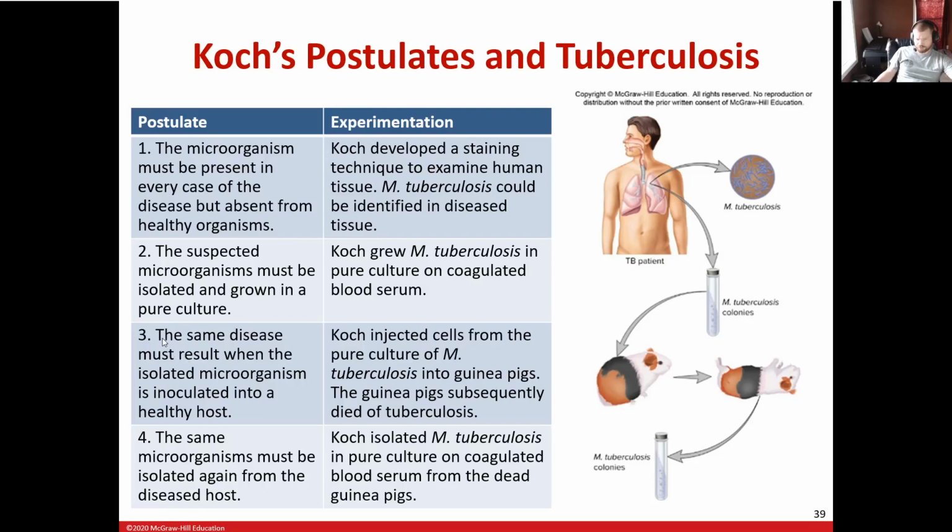Number three, the same disease must result when the isolated microorganism is inoculated into a healthy host, right? So if you have strep throat and you were to take some of that strep throat, obviously we couldn't do this, but you infect some other human with it, they get strep throat. That's another good indicator that that particular bacterium is what's causing the strep itself, and it's not something else.